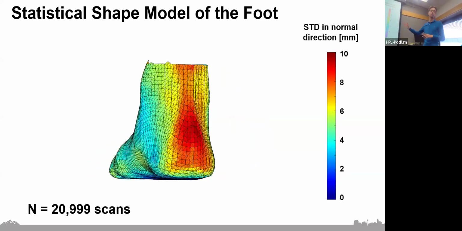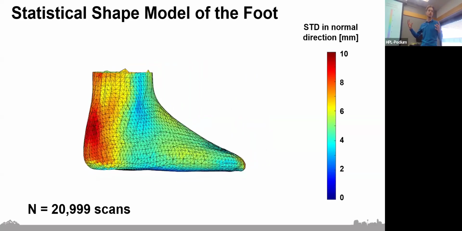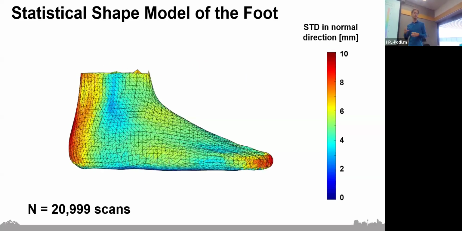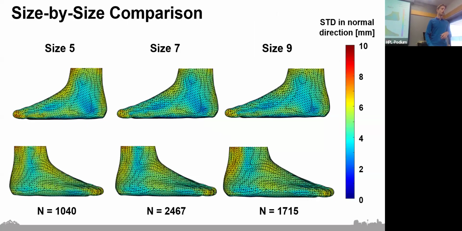So here you see the average shape for all 20,999 scans, and then plotted on top is the standard deviation in the normal direction. And you can see here that regions of high deviation show up at the heel and the toes, which makes sense because we have a wide size range, right? So if we build a model using only scans within the same size, we can get some better information.